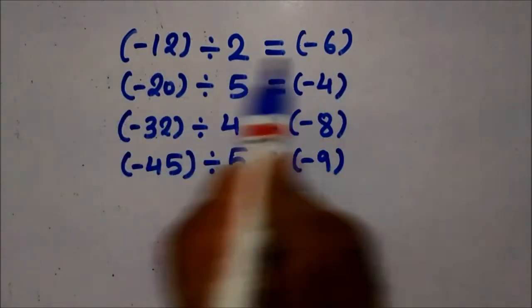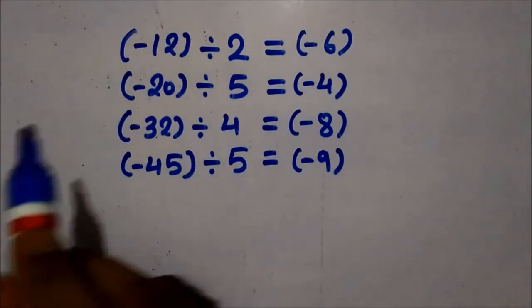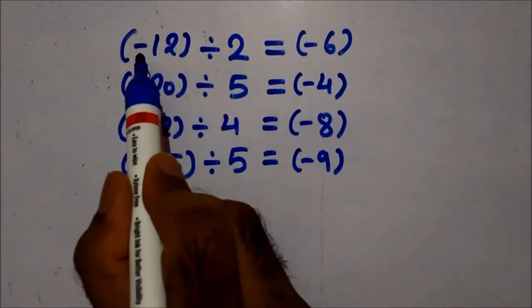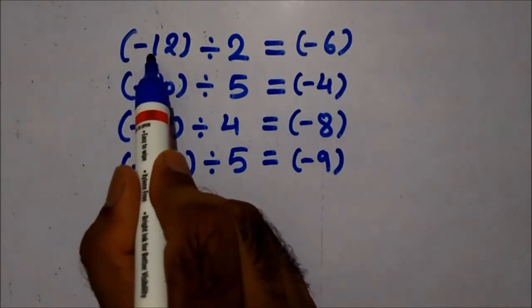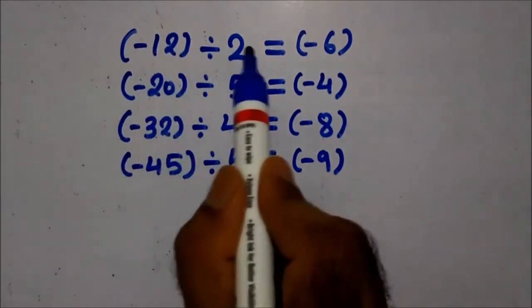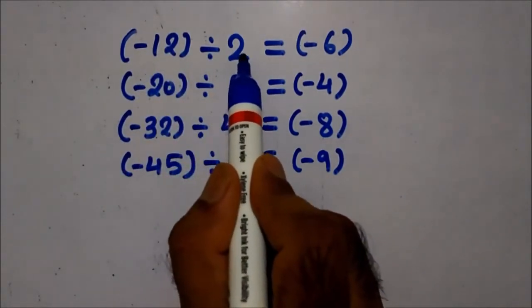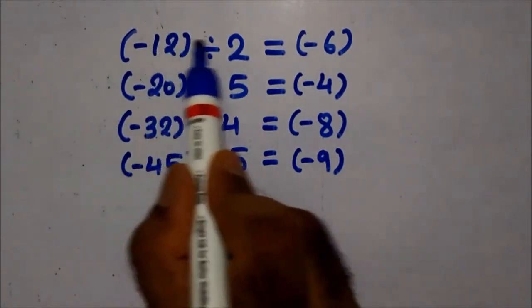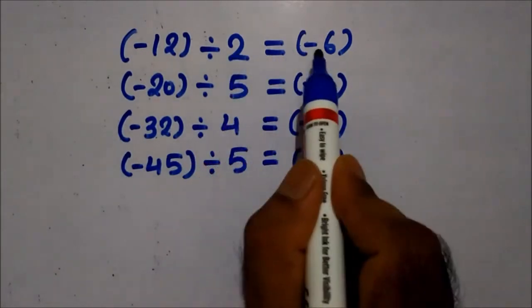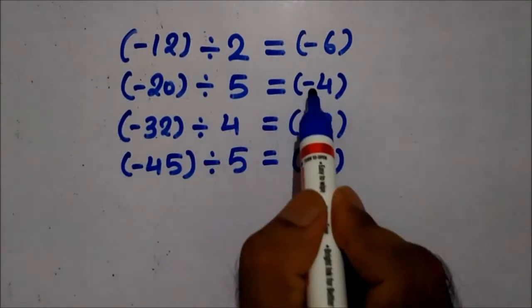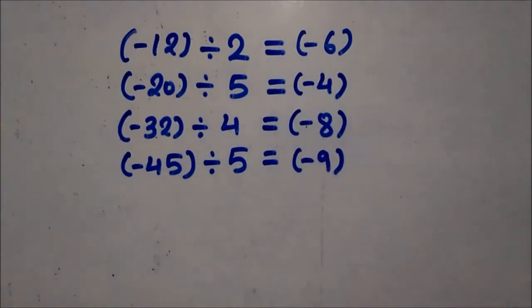So from here we can conclude that whenever we divide a negative integer by a positive integer, the quotient is negative.